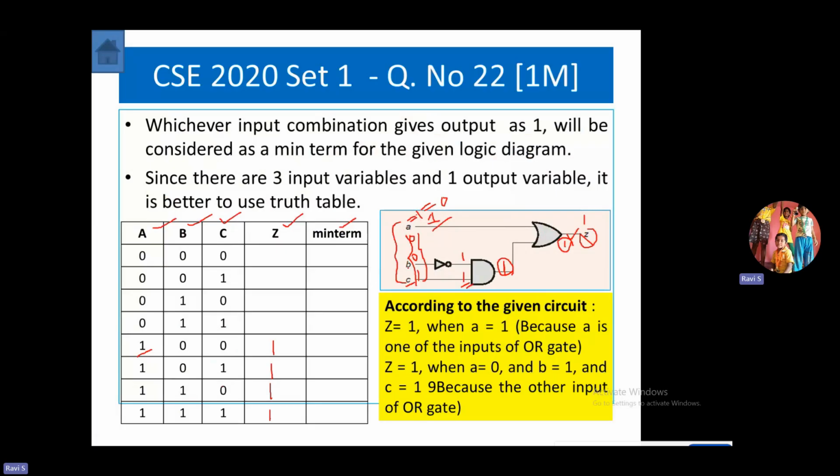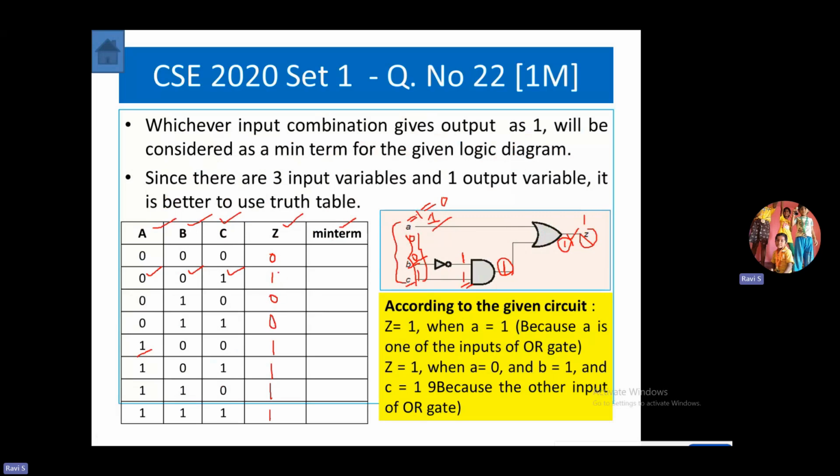And coming to the other input, the B input, only when we make B 0 will its complemented value become 1. So one more combination is when A is 0, B must be 0 and C must be 1. This combination also produces 1. The rest of the combinations will produce output as 0.